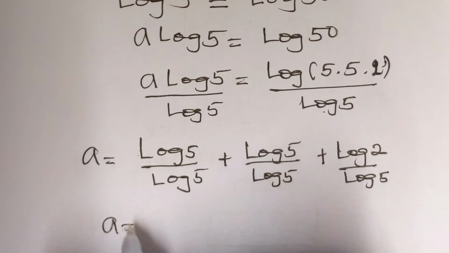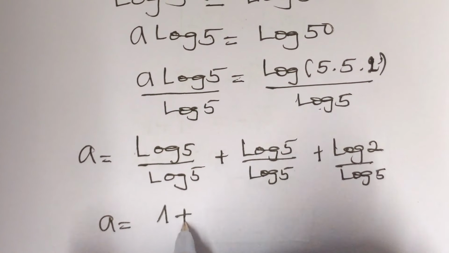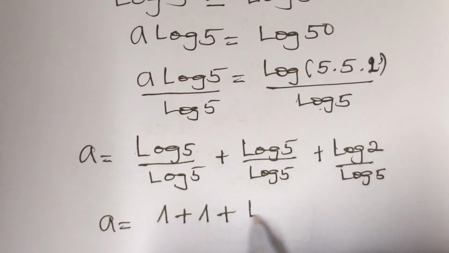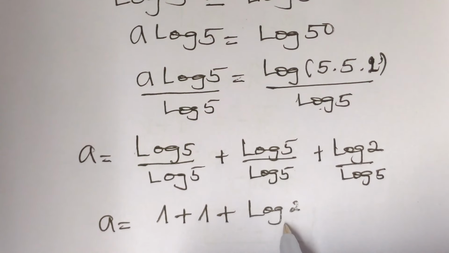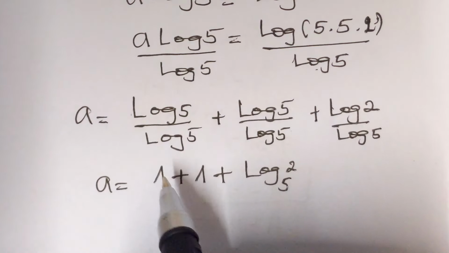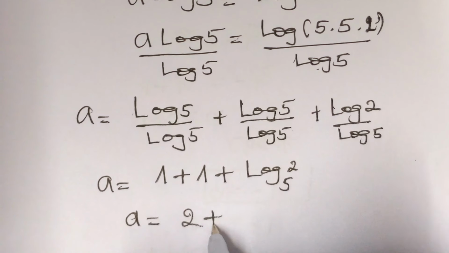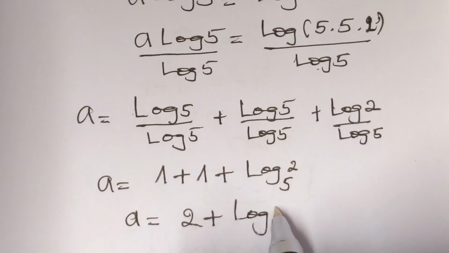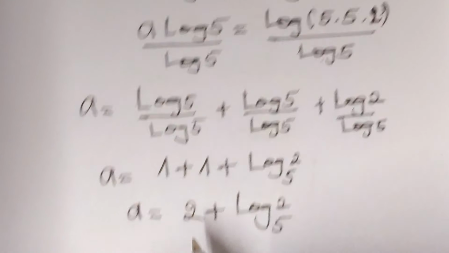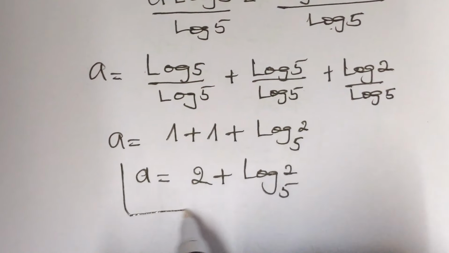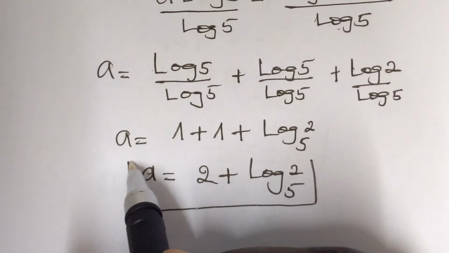Then a is equal to 1 plus 1 plus logarithm of 2 to the base 5, to mean a equals to 2 plus logarithm of 2 to the base 5 as final answer.